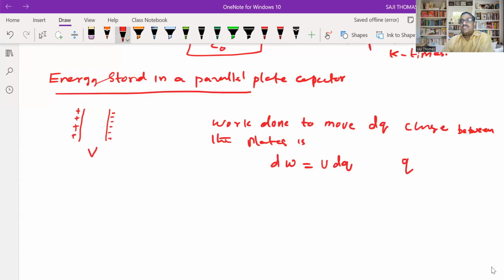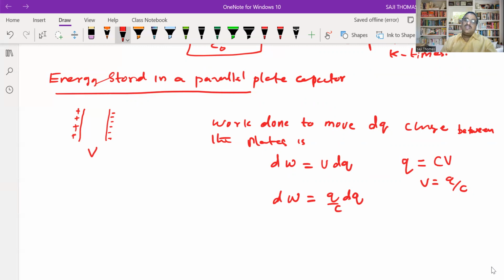And you know the equation, what is Q? Q is CV. So V can be written as Q by C. So dW equals Q by C dq. This is the amount of work done to move dq amount of charge between the plates.